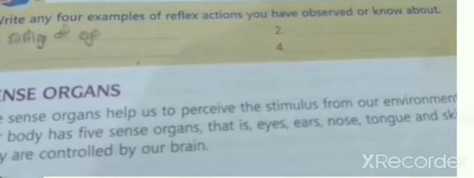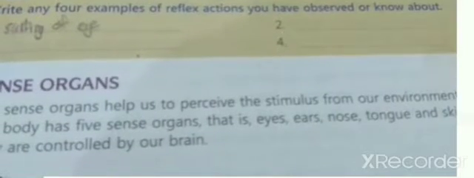So reflex action is the quick reaction to a stimulus without the brain knowing about it. A stimulus is any change in the environment which can be detected by an organism.